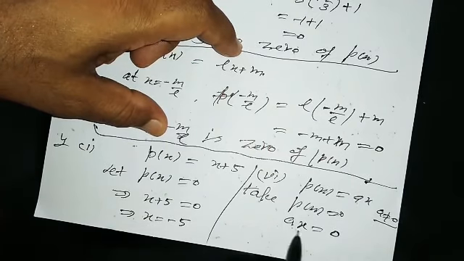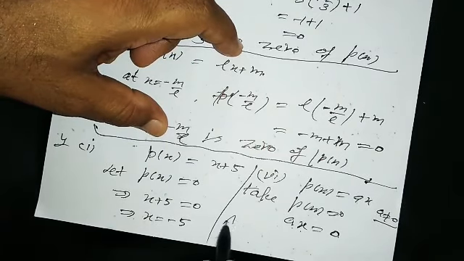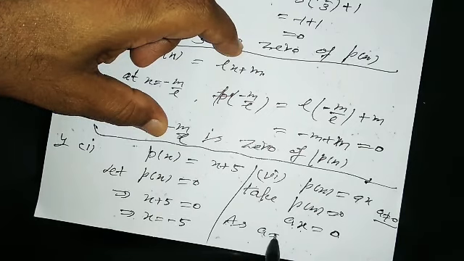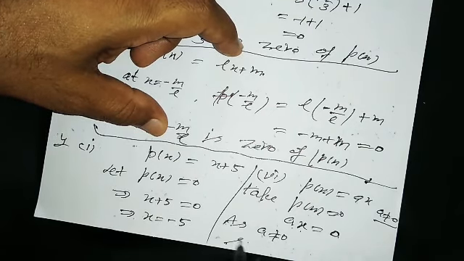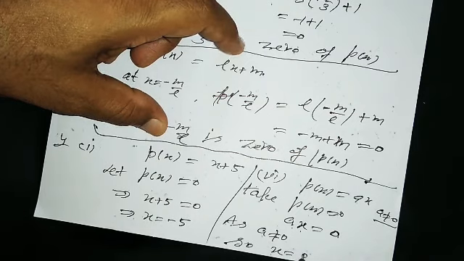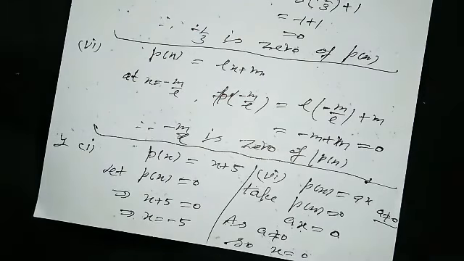Now the product of a and x is 0, and as we know a is not equal to 0, as given in this statement, x = 0. Keep this point in mind: if you multiply two numbers in which one is 0 and the other is non-zero, then that multiplication will always be 0.